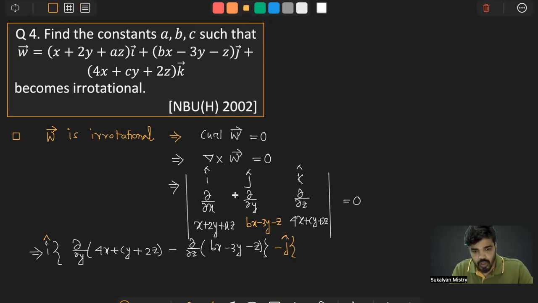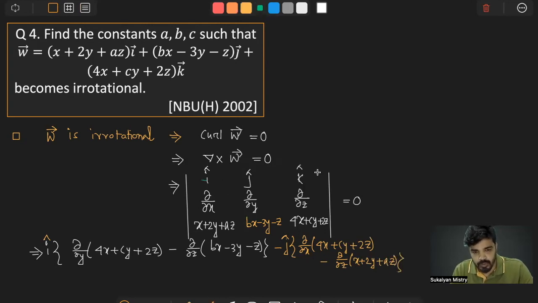So for j: del x into 4x plus cy plus 2z, minus del z into x plus 2y plus az.